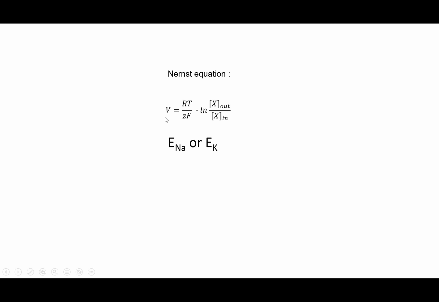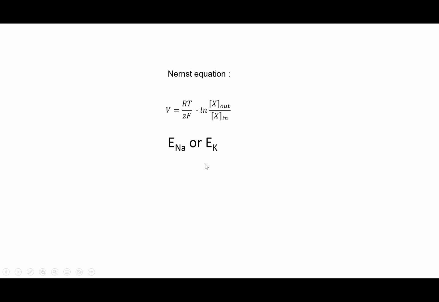Now for sodium, the concentration is higher outside the cell than it is inside the cell. Let's say 120 versus 10. And just flip this around the other way from potassium, okay? So if you have higher sodium on the outside than you do on the inside, this will become a positive value. So the equilibrium potential for sodium is a positive value.